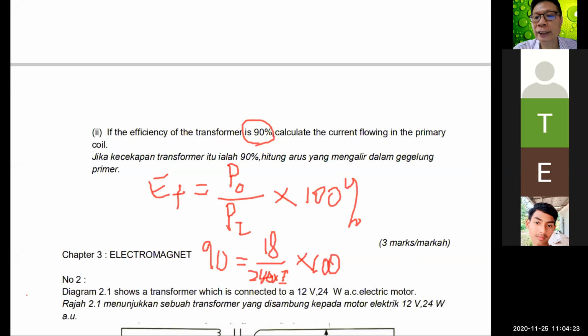Anyone got the answer? Please type the answer if you got it.